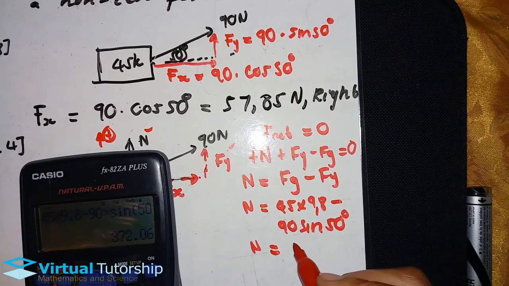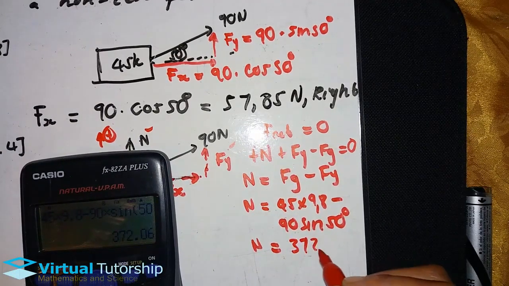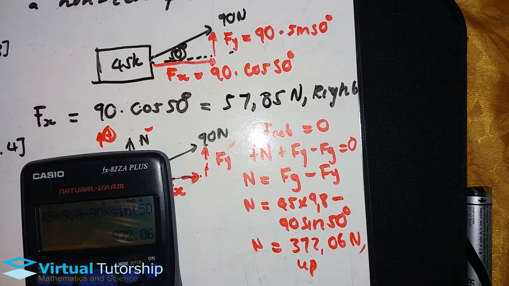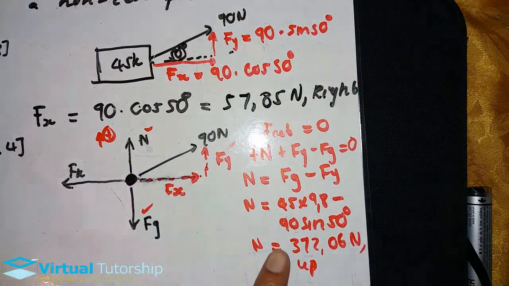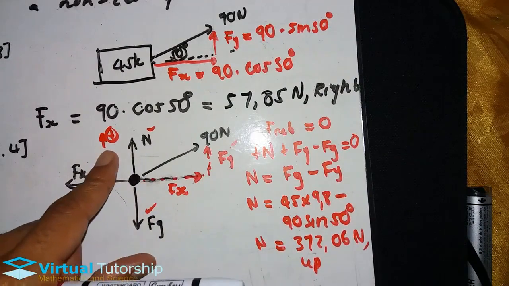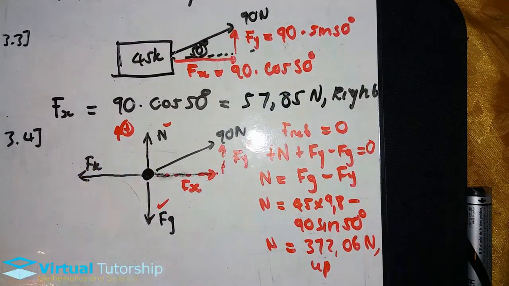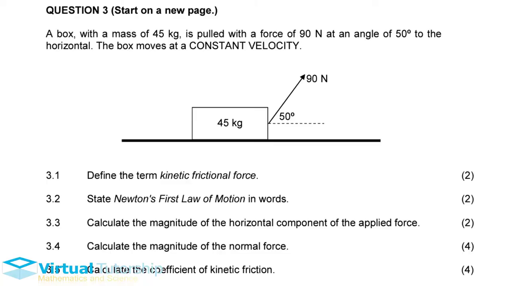So the answer is 372.06 newtons up, right? Up, because the answer comes out positive, so the upward direction is considered positive. Now let's do 3.5, but first I think I'll erase here.